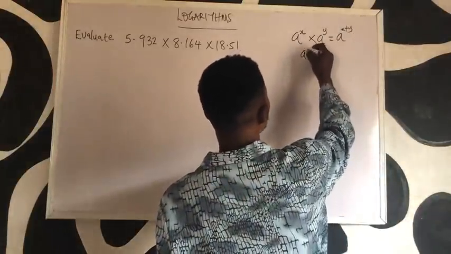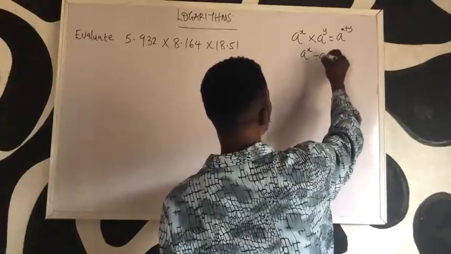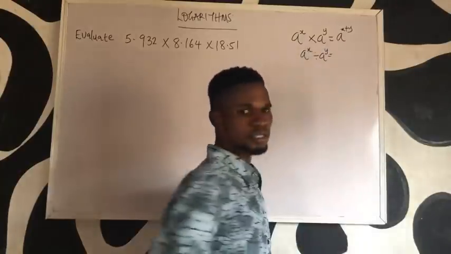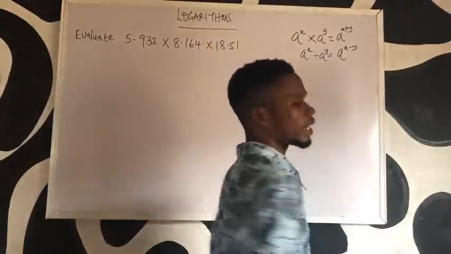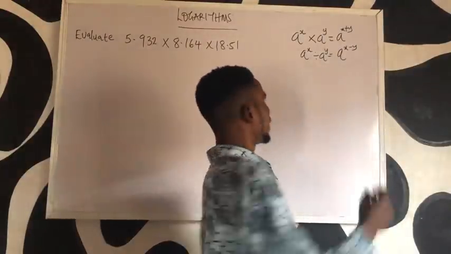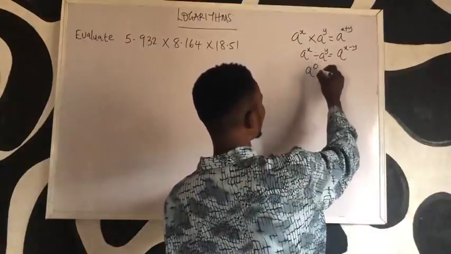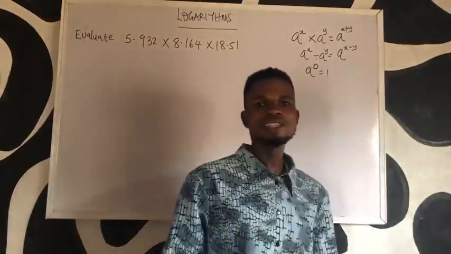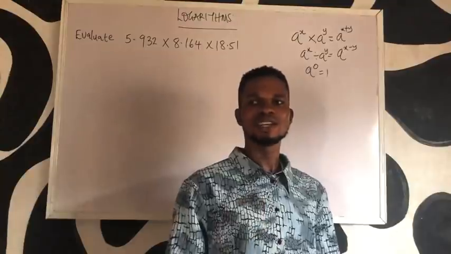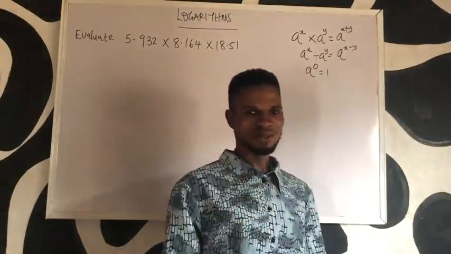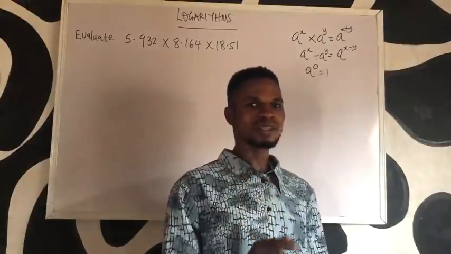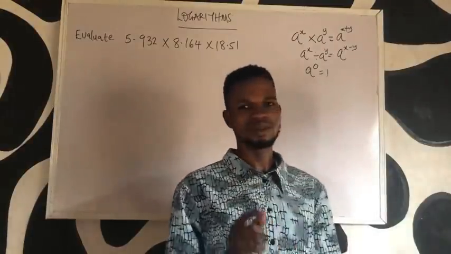A raised to power x divided by a raised to power y is a raised to power x minus y. A raised to power 0 is 1. Any number raised to power 0 is 1, except 0, which means 0 raised to power 0 is not 1, it is undefined.